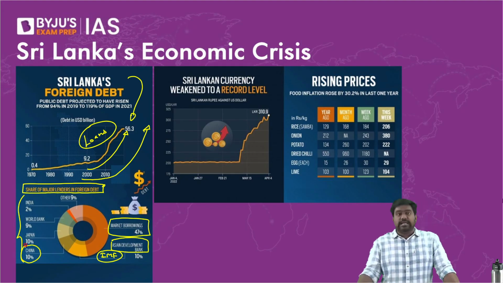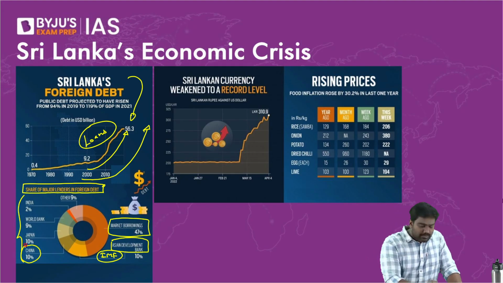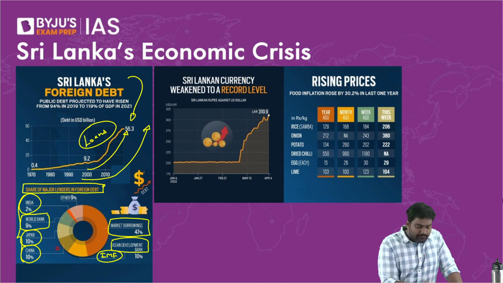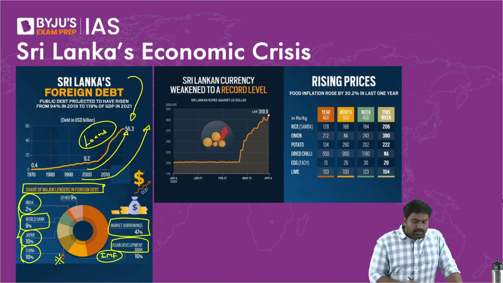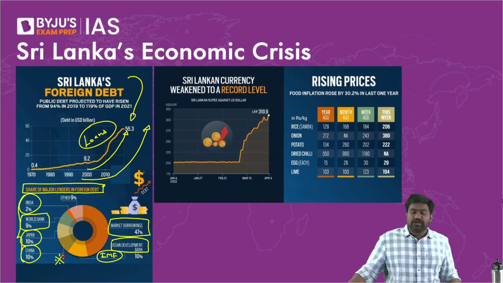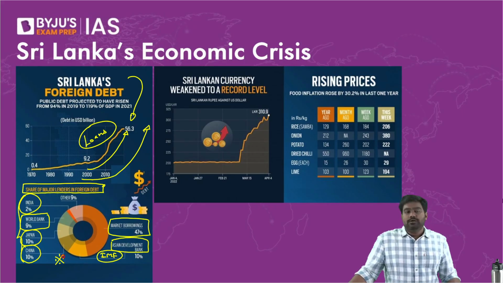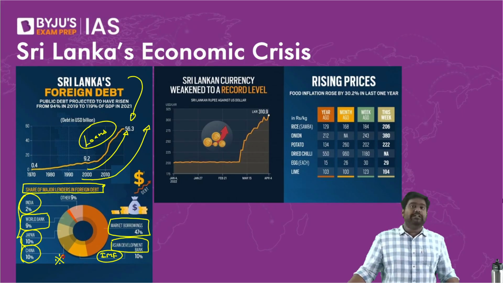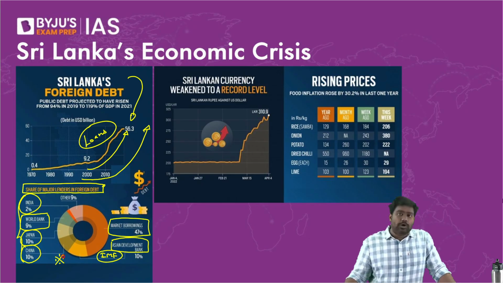10% of Sri Lanka's debt is from China, another 10% from Japan, around 2 to 3% from India, around 9% from the World Bank. Now, all these were massive loans that Sri Lanka could never afford. Most of these loans were invested in financially unviable projects. A lot of unnecessary expenditure had happened.